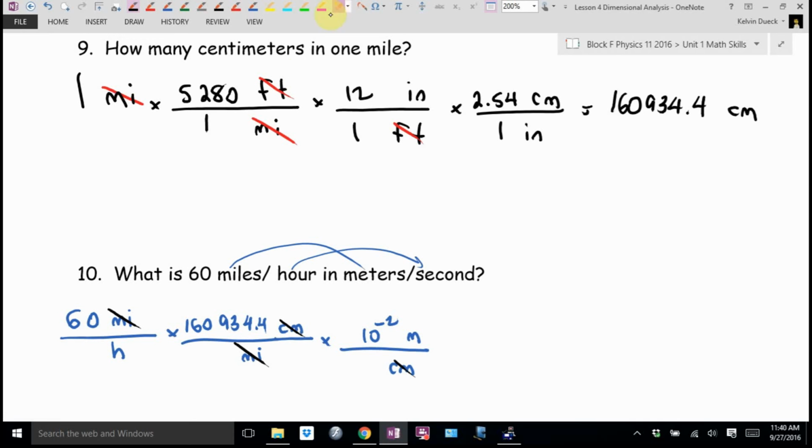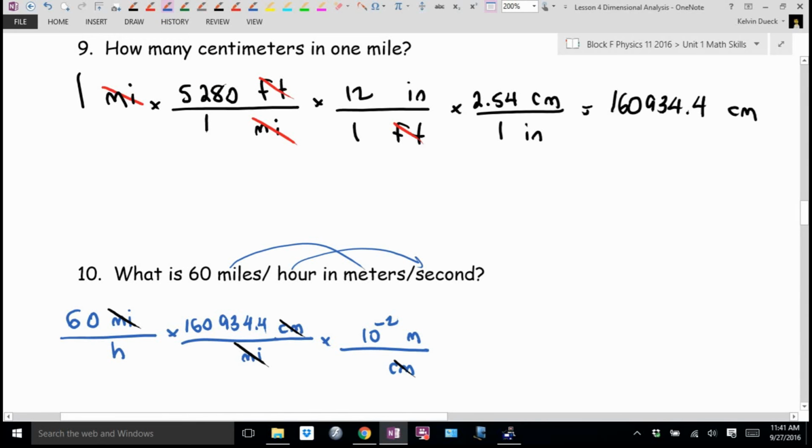If we stopped here, that times that times that would be meters per hour. Now we got to get rid of the hours. Aaron, where is the hours in this first fraction? On the top or on the bottom? So in the next fraction, to get it to cancel, where am I going to put the hours? Brilliant. You see it on the top.